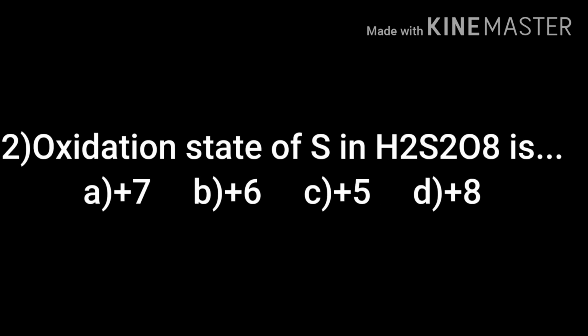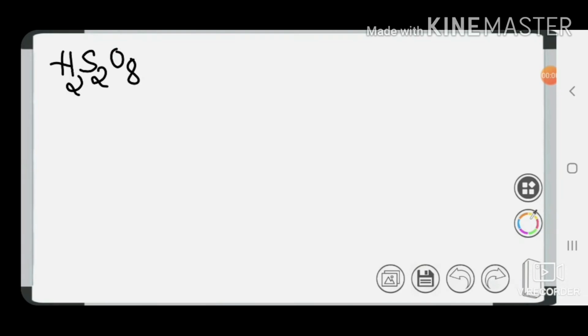The next question is also based on the oxoacids of sulfur. That is, the oxidation state of sulfur in H2S2O8 is. The options given here are A +7, B +6, C +5 and D +8. We want to find the oxidation state of sulfur in H2S2O8.